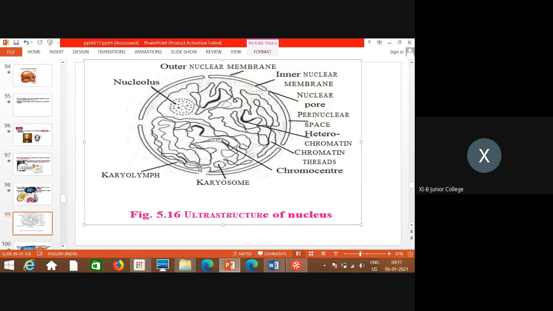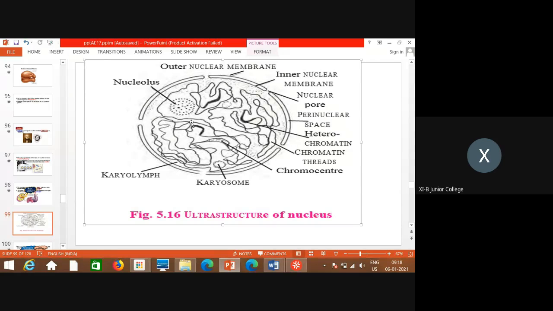Okay, so in the ultrastructure of the nucleus, I will repeat again: first is the nuclear membrane, which surrounds the nucleus. Inside it, the active solution is called karyolymph or nucleoplasm, which contains different substances like chromatin material, that is DNA, RNA, proteins like histone or non-histone proteins, and some ribosomes.